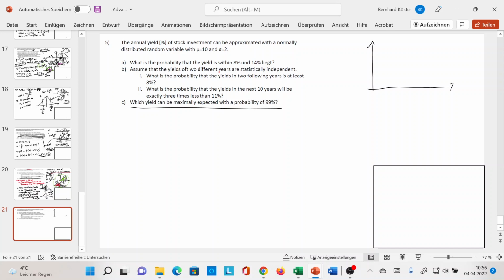What we want to calculate is just again our diagram, f of x and 10, 99%, so we will be somewhere here. And now we know that this area is 99%.